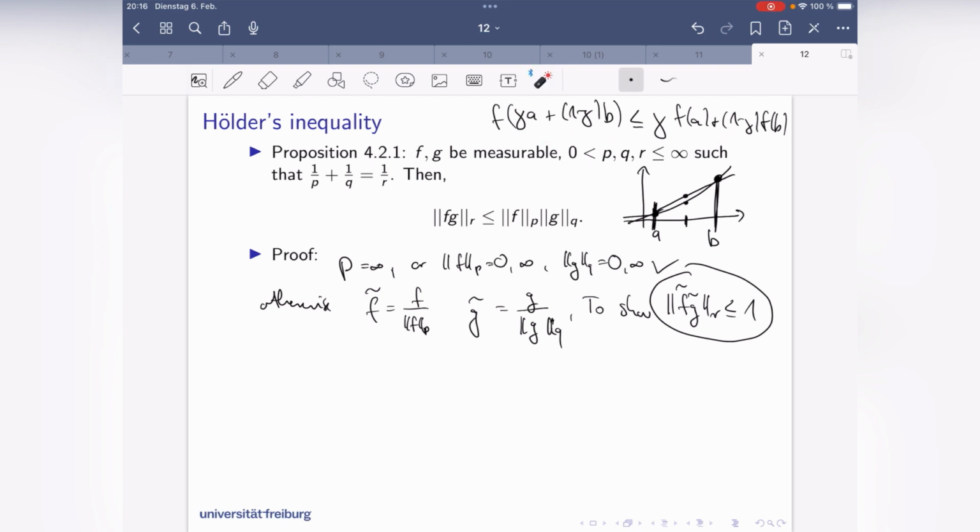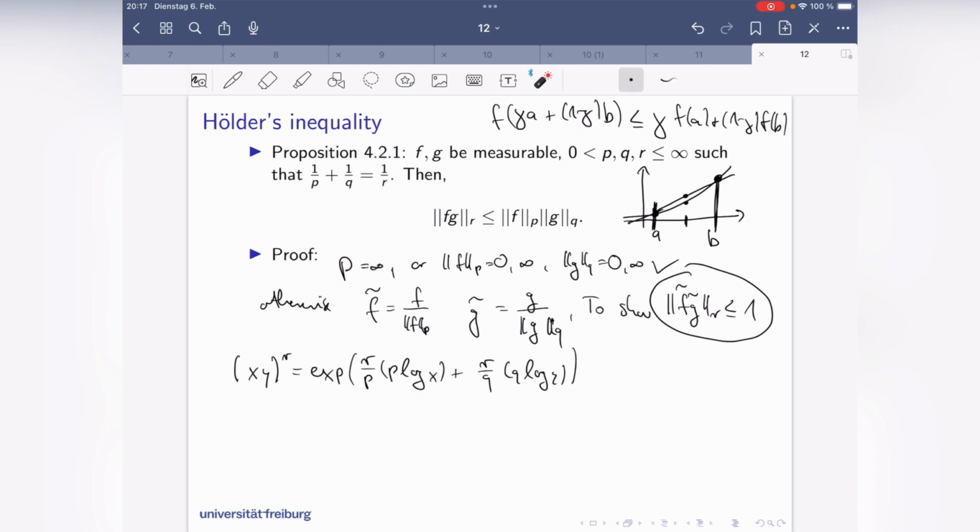And as you know, the exponential function is convex, which we can use in order to write x times y to the power of r. Well, let's first introduce the exponential function. e to the power of r over p times p log x, brackets here, plus r over q times q log y.